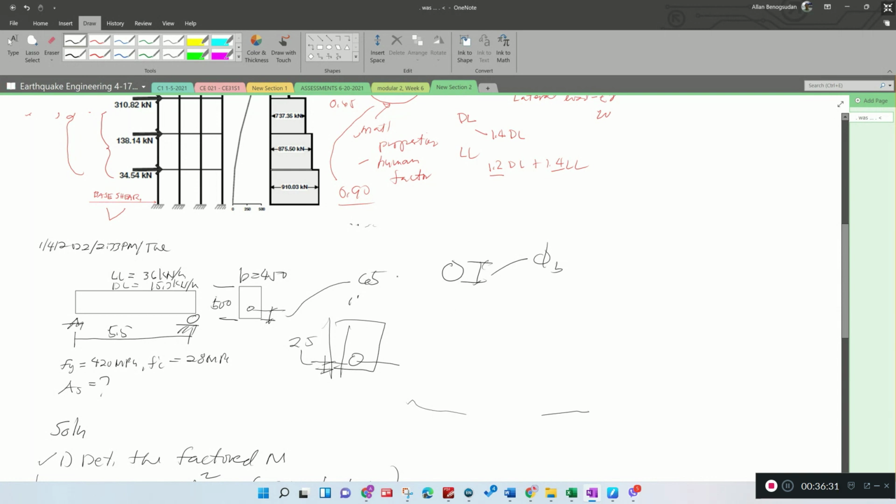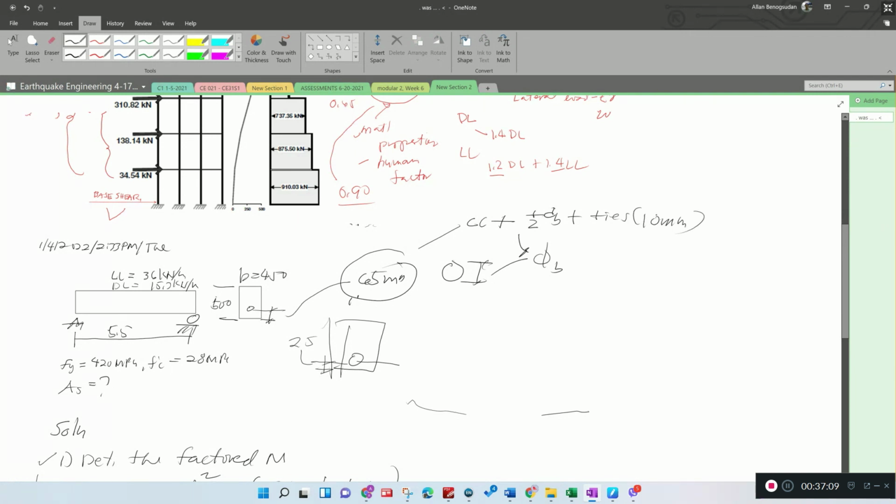Using 65 mm from here, that usually includes the concrete cover, one half of the bar diameter that you are currently determining, plus, of course, the stirrup or ties. And you have to say that that is 10 mm.